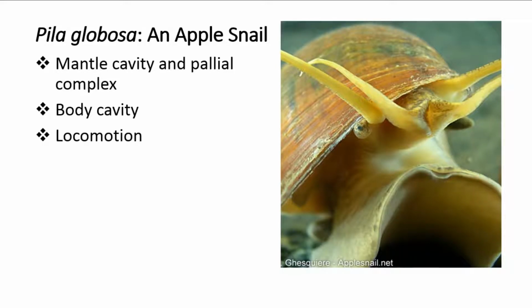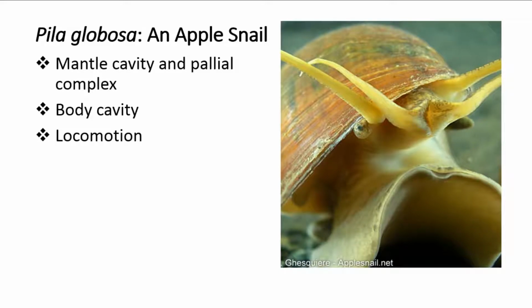This figure shows the shell of Pila globosa. This shell is yellow-orange in color, and below the shell you can see the first pair of tentacles, the smaller ones.